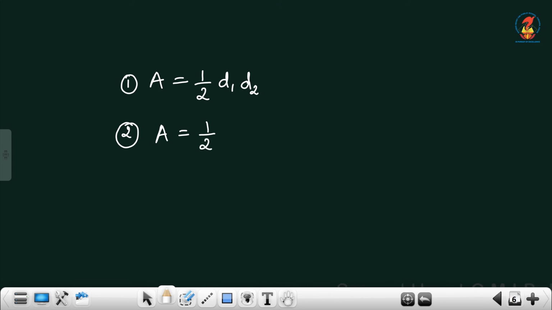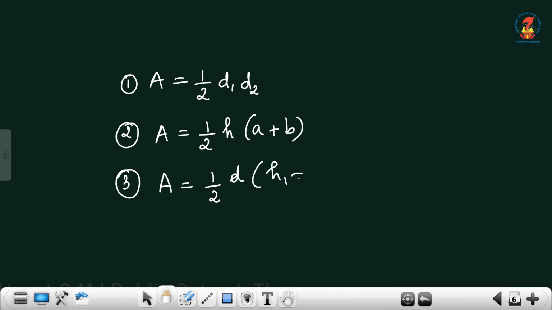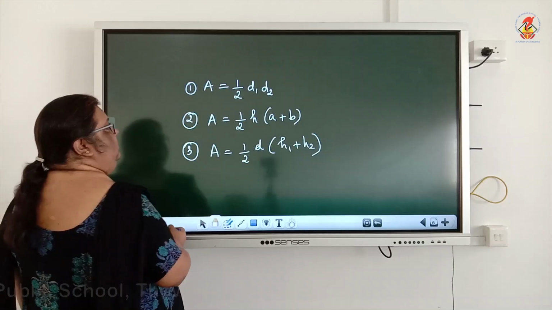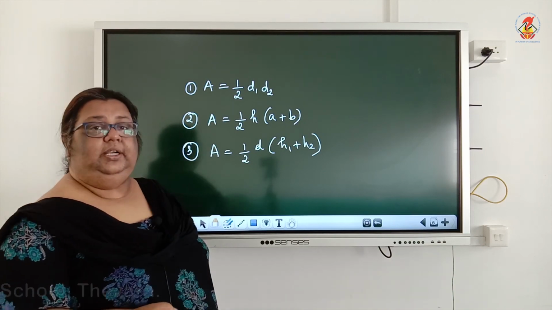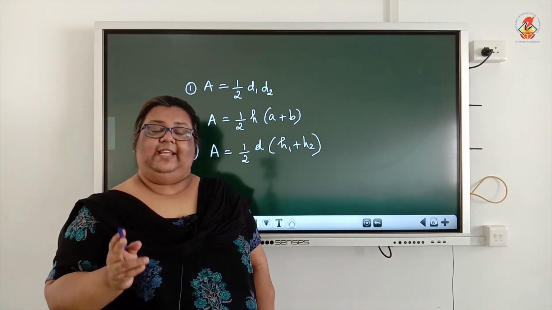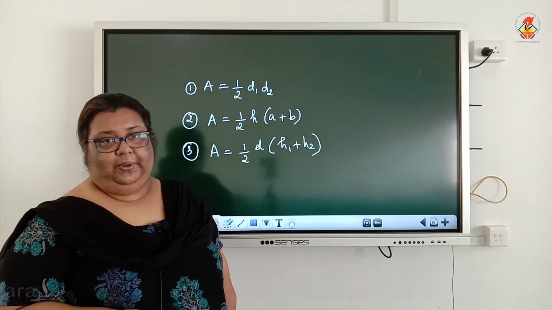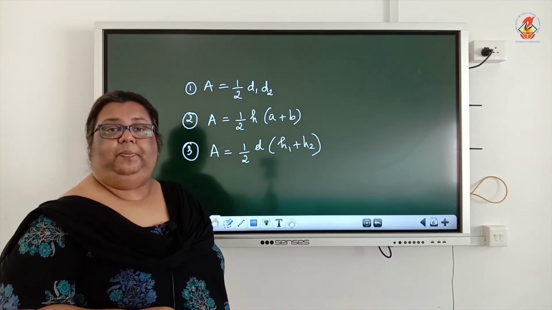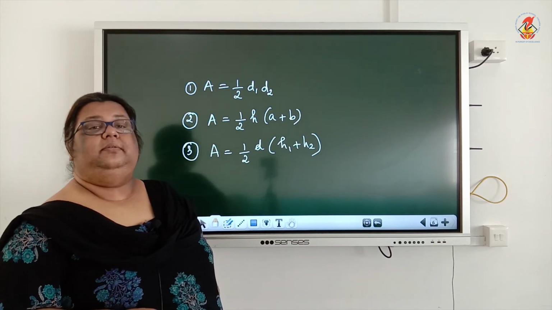Area equals half H into A plus B. The third one was the area of a general quadrilateral, half D into H1 plus H2. These were the 3 formulas that you learned today. Children, write and learn the formula, write and learn the problem. Okay? Thank you.